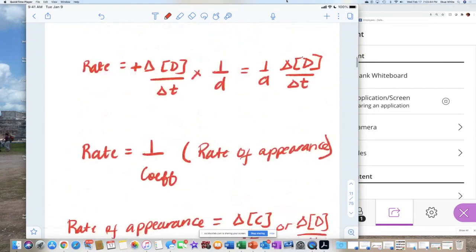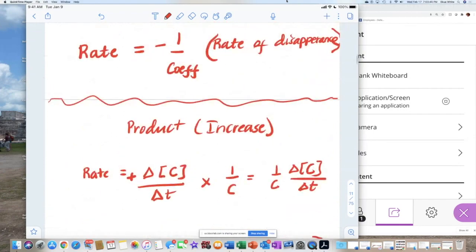Appearance of the product. Over here, do I have room? This means delta A over delta T or delta B over delta T.